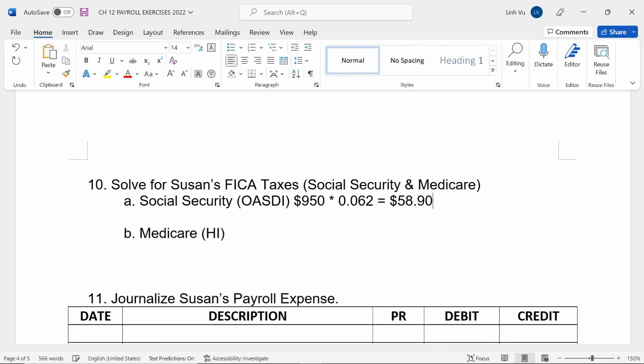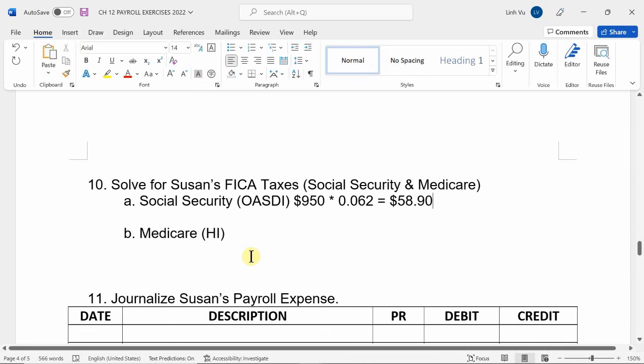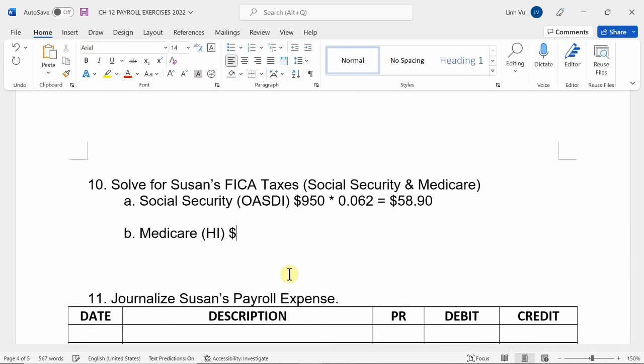Medicare, how much is Medicare? Medicare is 1.45%, and that would be the 950 times 1.45%. And that gives you $13.78.